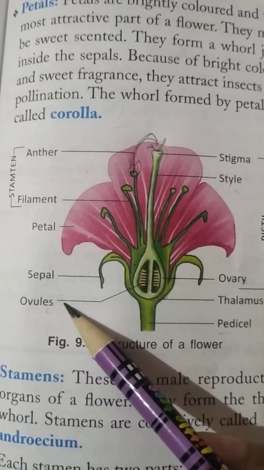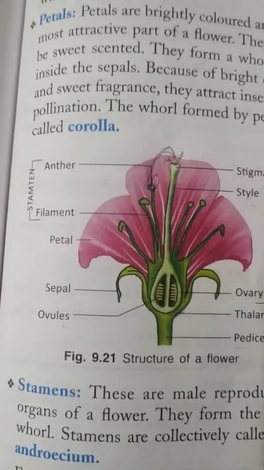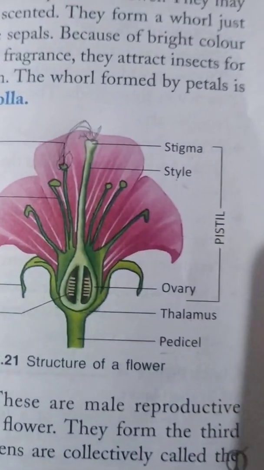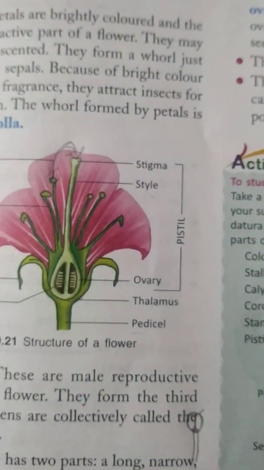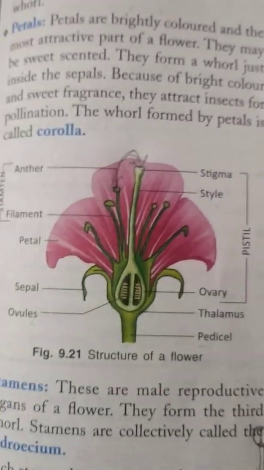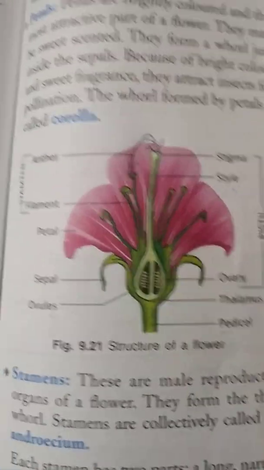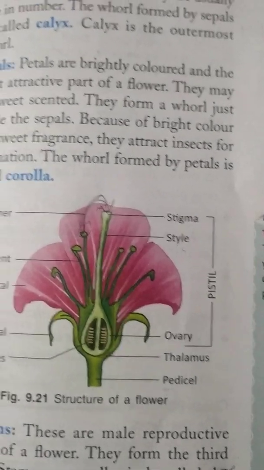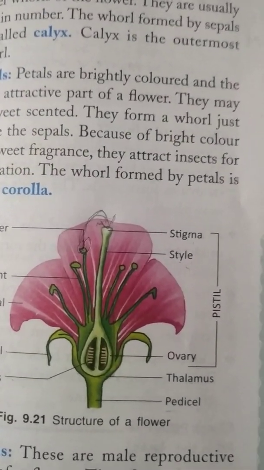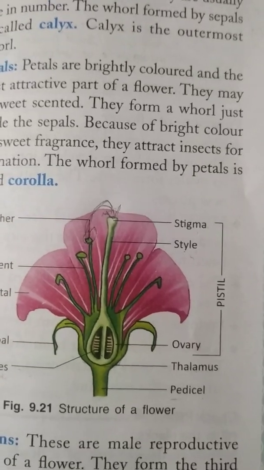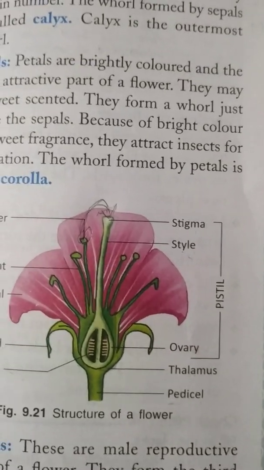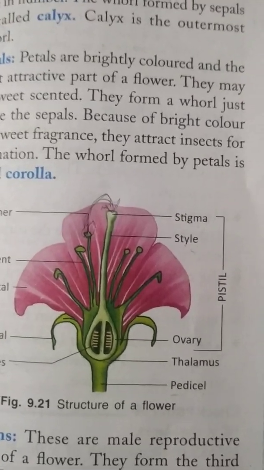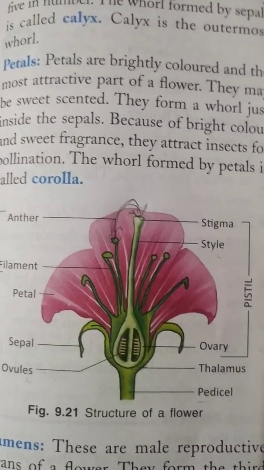When the ovules get fertilized, the ovary swells and is converted into a fruit, and the fertilized ovules are converted into seeds.